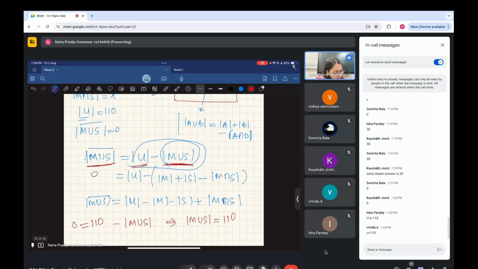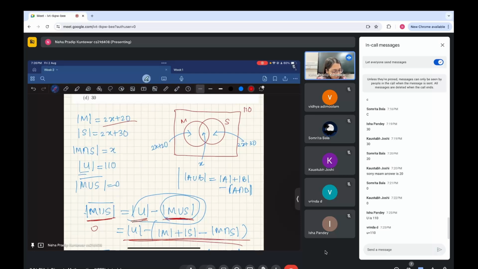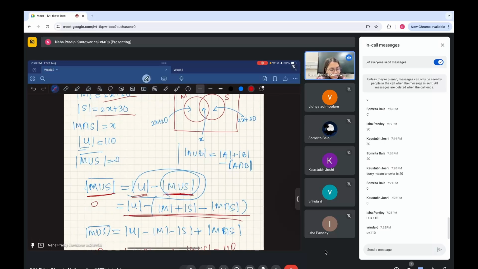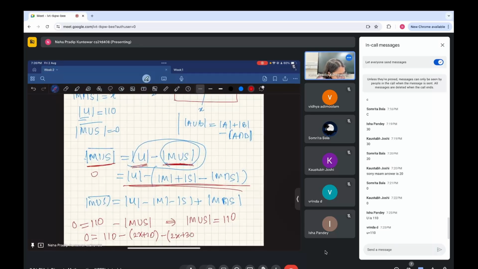Now we will plug in the values for the second equation that you have. So size of U is 100, then size of M is 2x plus 20, then size of S is 2x plus 30, and size of M intersection S is x.